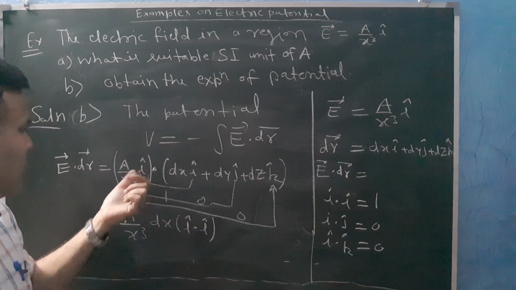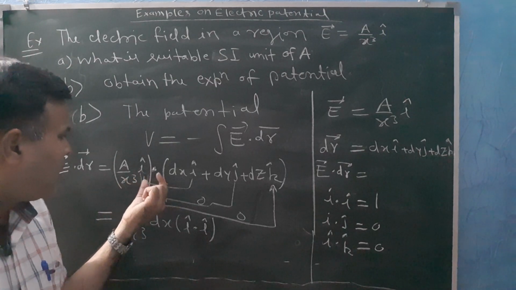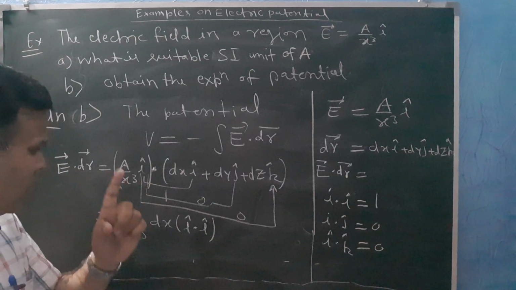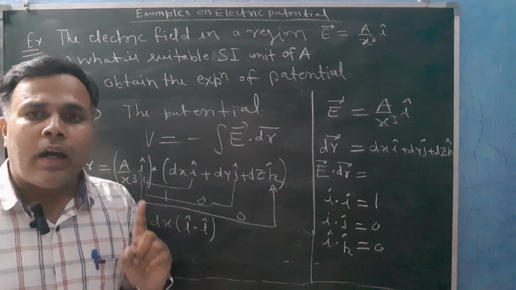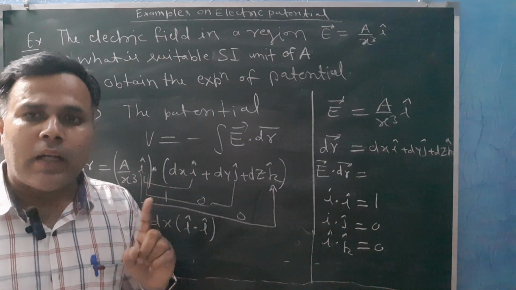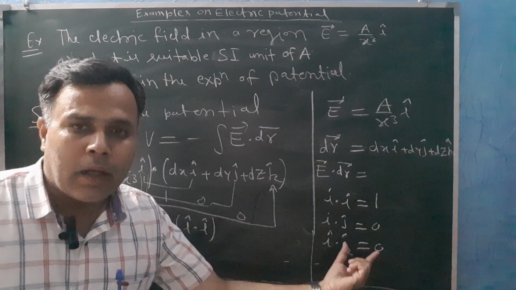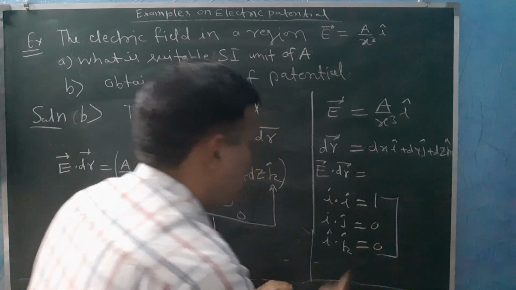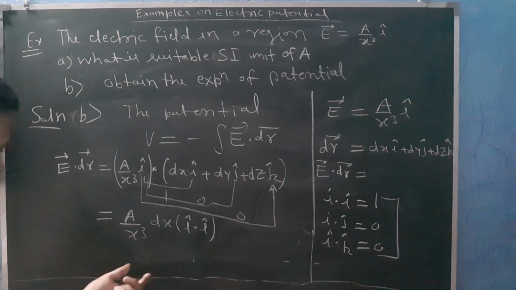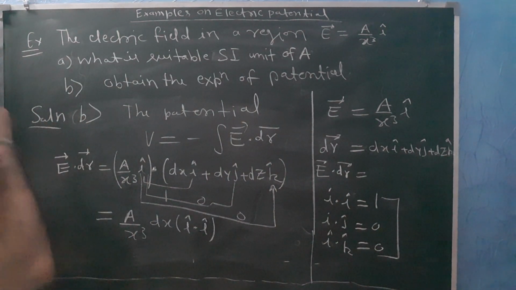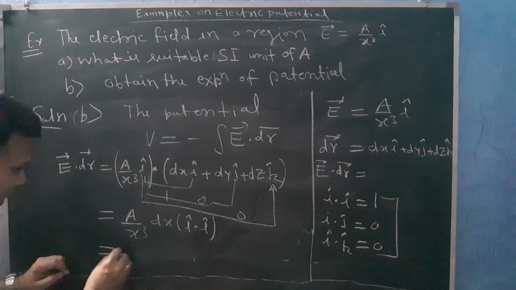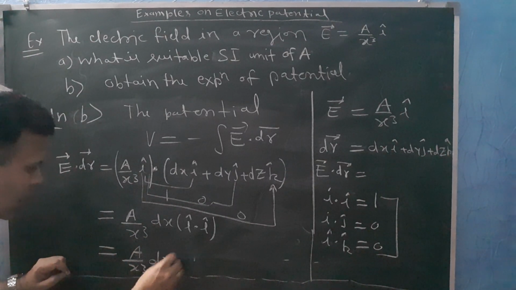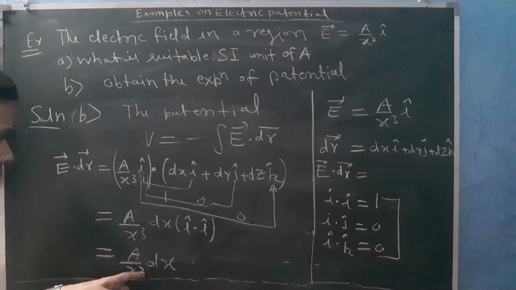So in the dot product of this term, i cap gives only 1 corresponding to i dot i, and 0 corresponding to i dot j, and 0 corresponding to i dot k cap. So using this, we can say that E dot dr is simply A by x cube dx.